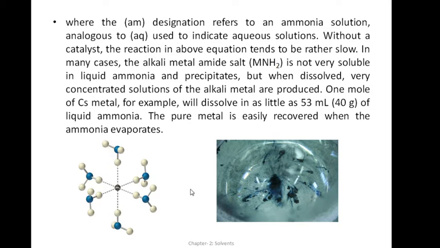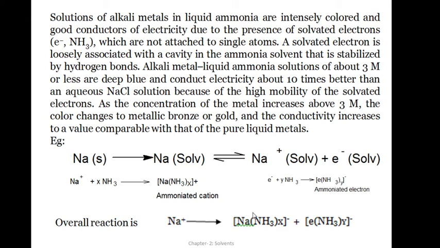The electron gets solvated. So those electrons which are solvated are isolated and hence they become good conductors. The conductivity of the solution increases. It will become a very good reducing agent. And as you go on increasing the concentration, its conductivity will be equal to that of pure liquid metals.